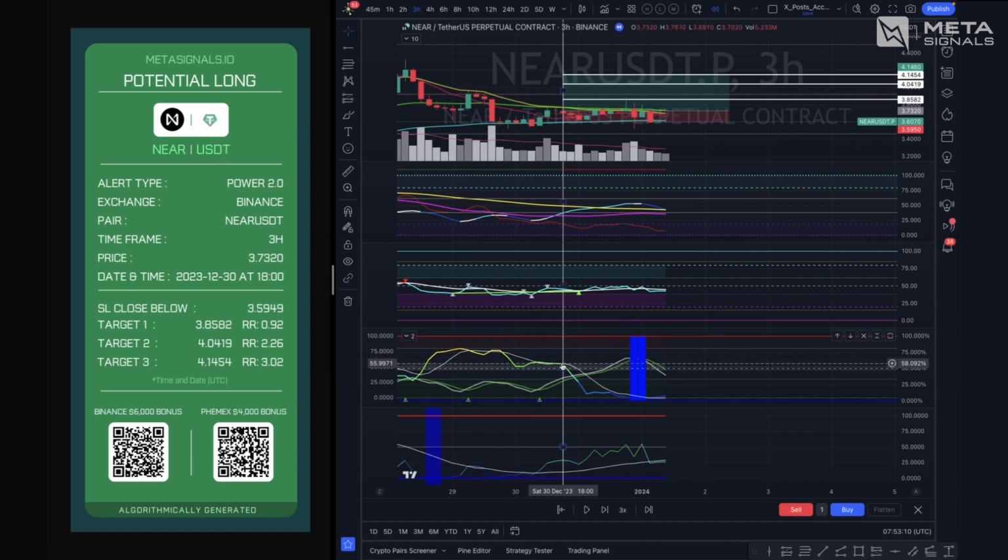So that's not especially exciting. We'd rather see it expanding from low levels. It doesn't mean that price can't go up though. And then PMARP is down low on longs. We want PMARP below 40, 50, depending on the time frame and the alert type. So you had some variables here in your favor.